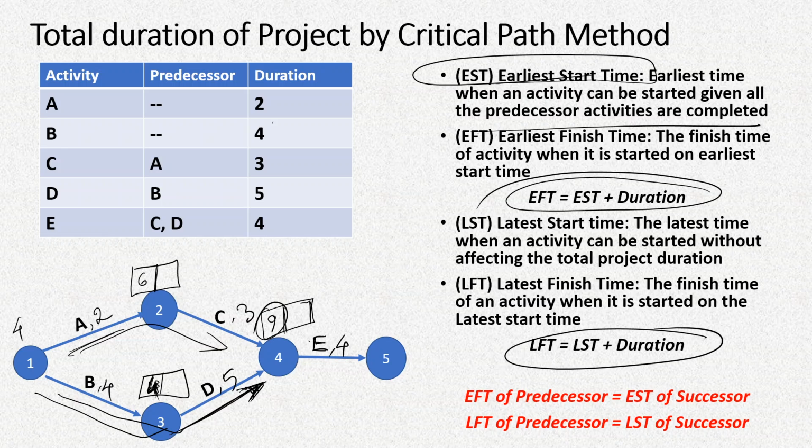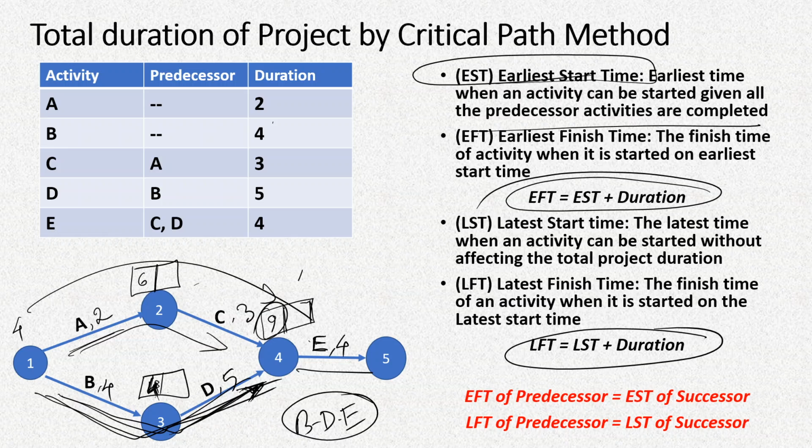So these activities are called critical activities, and the path B, D, E is called the critical path, while this path, that is A, C, E, is a non-critical path.